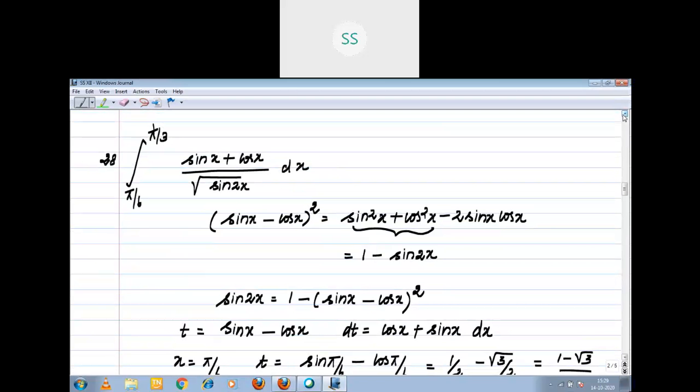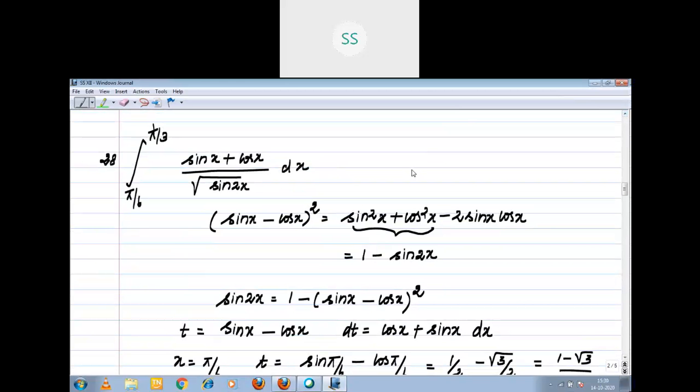Got it, children? Here, based on the numerator, your numerator is sin x plus cos x. I took the conjugate and squared it on that side. So what can I get at the end? 1 minus sin 2x, the form that exists in the denominator.